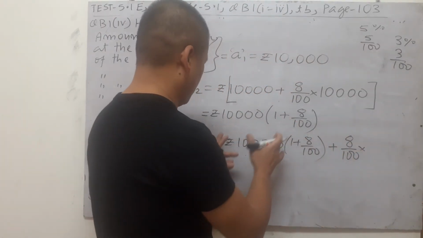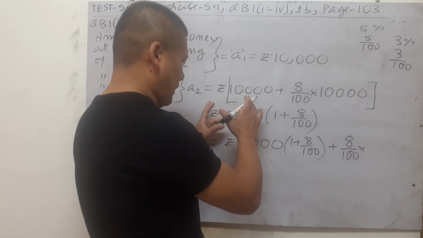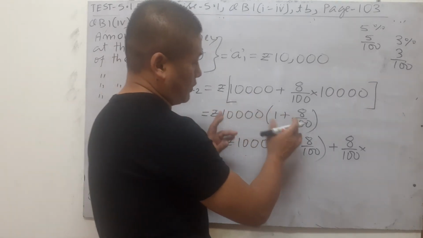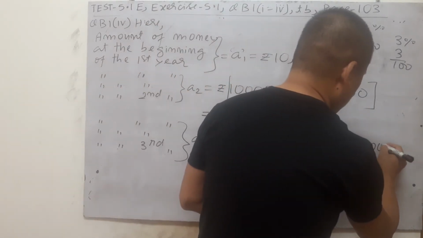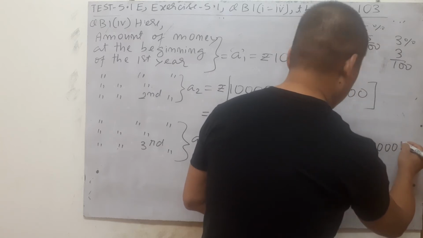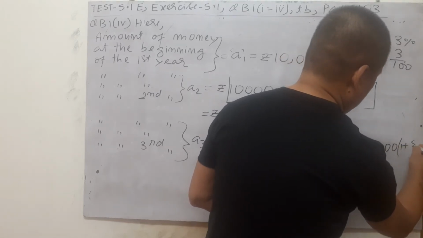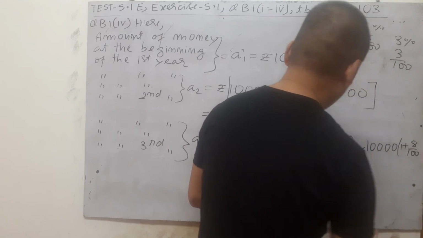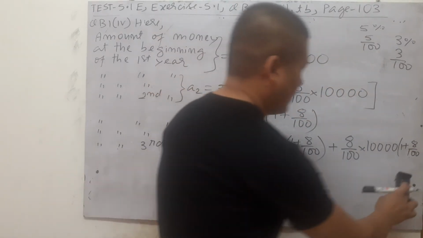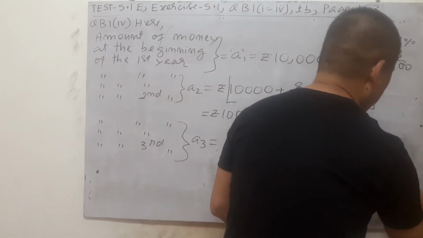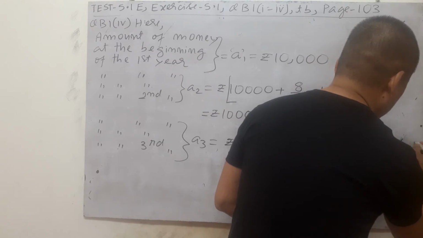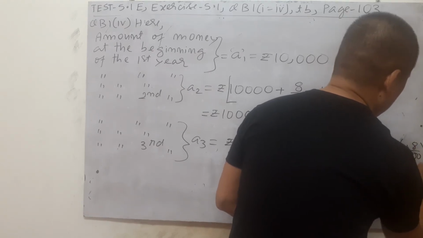So the principal for the third year is the amount at the beginning of the second year, which is this one: 10,000 into 1 plus 8 by 100. So this is how you calculate compound interest.